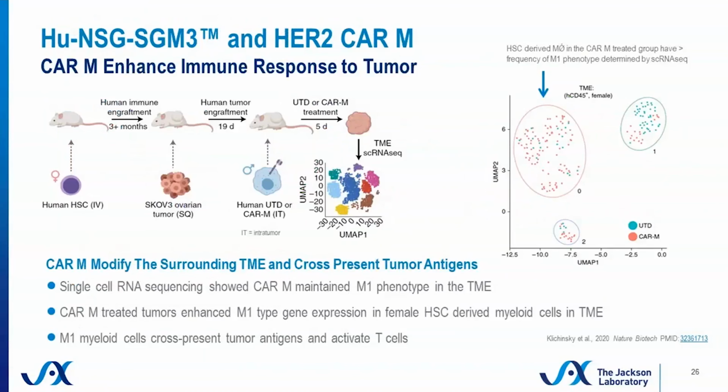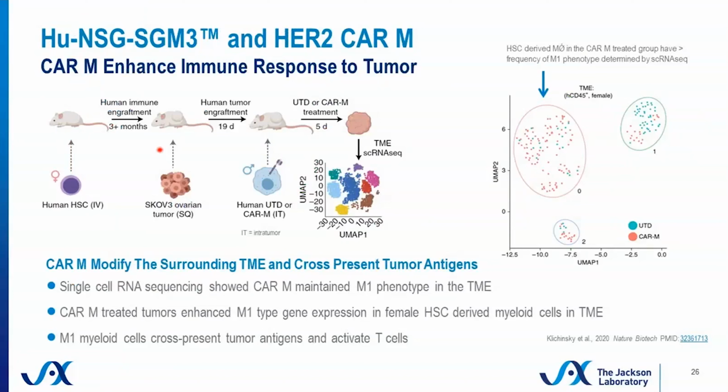Now, they took this a step further, and they wanted to ask the question, since these cells have an M1 phenotype, if these cells go into the tumor microenvironment, can they change the immunophenotype of other existing infiltrated immune cells to accelerate the ability of T cells to respond against the tumor, et cetera?